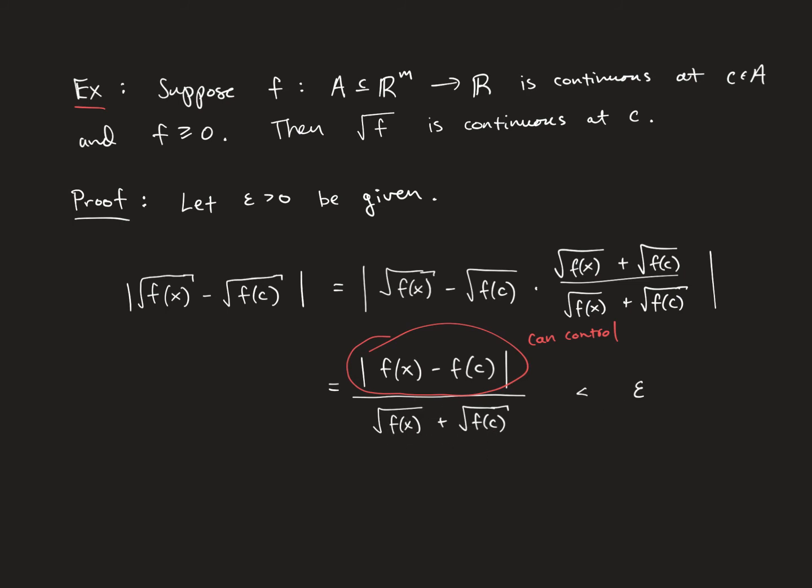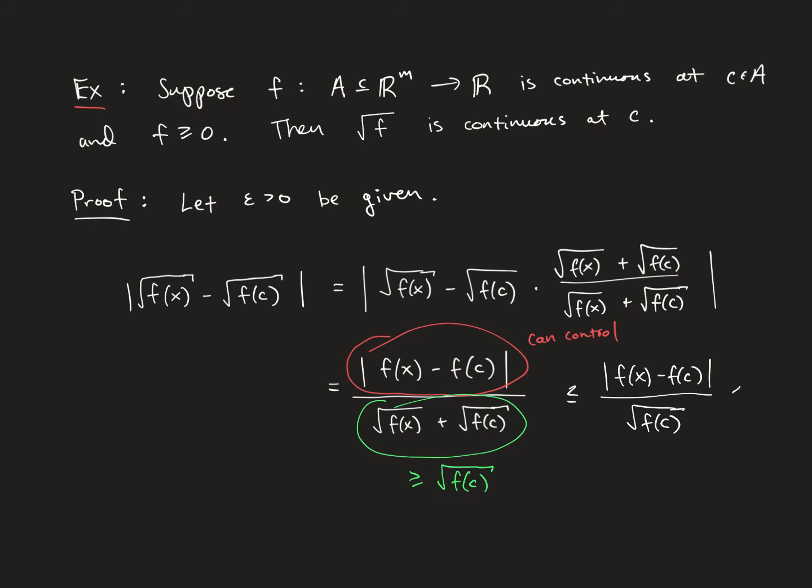But I can easily just drop that troublesome x part, because this denominator is bigger than or equal to the square root of f of c. So when you do 1 over it, it's going to be less than that. So this is less than or equal to the absolute value of f of x minus f of c over the square root of f of c.